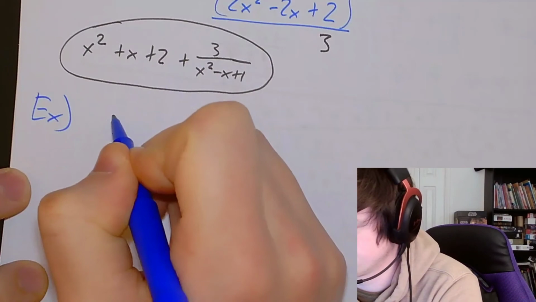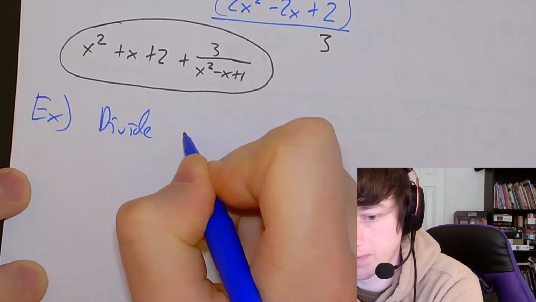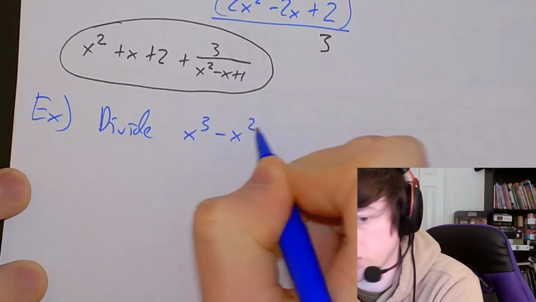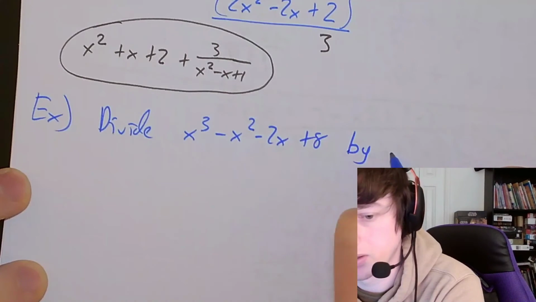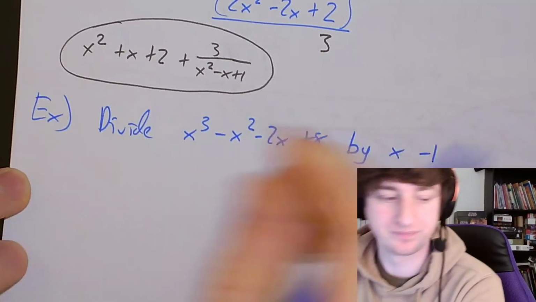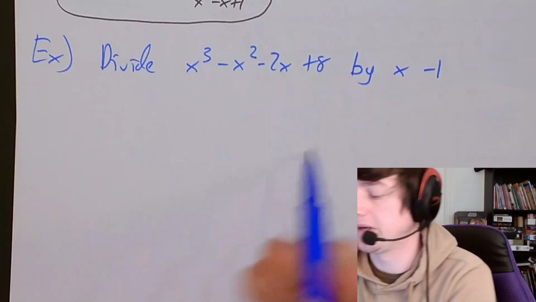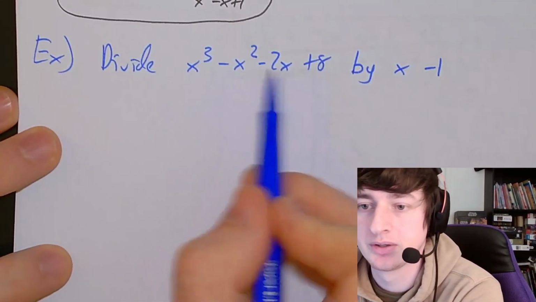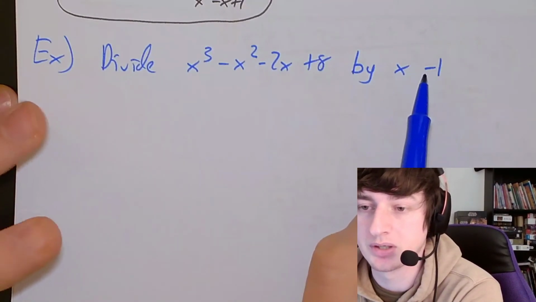Well, smaller divisor. Divide x cubed minus x squared minus 2x plus 8 by x minus 1. So we have the thing we're dividing, the numerator, and the thing we're dividing by, the divisor or the denominator.